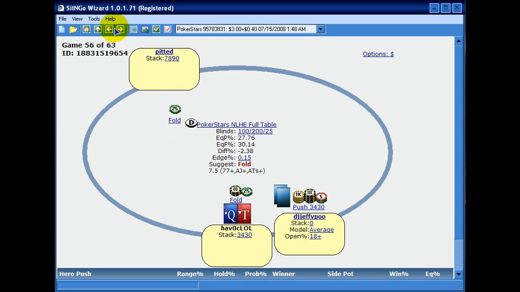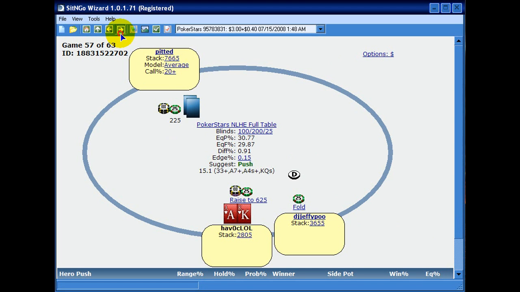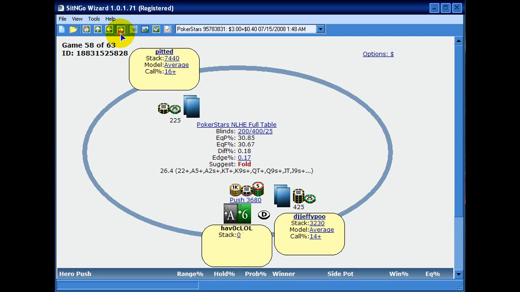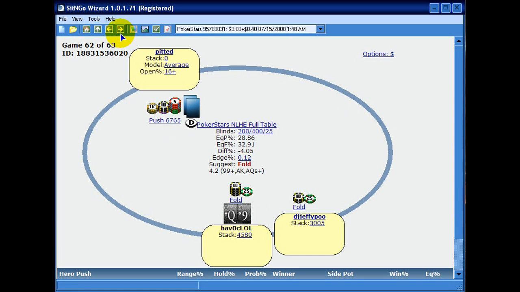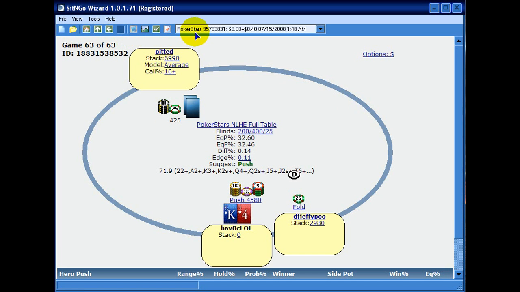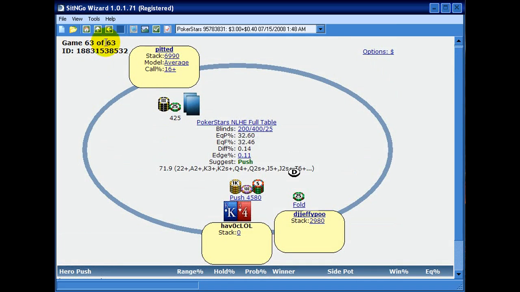And we can see that we have nothing really to analyze other than the very standard hands. And here we pushed King 4 offsuit. If I recall, we ran into Ace 4 and we failed to improve.